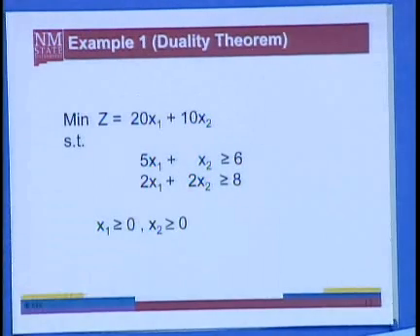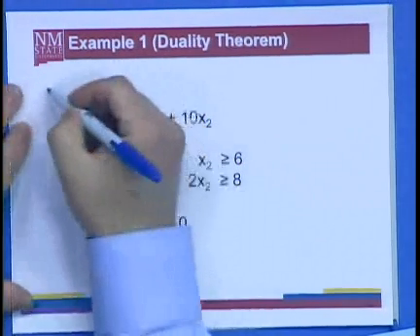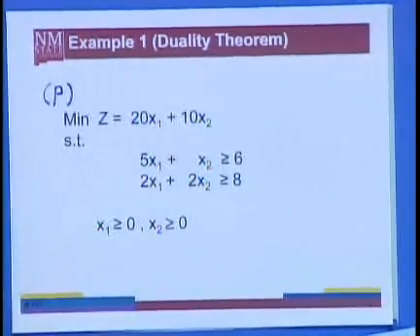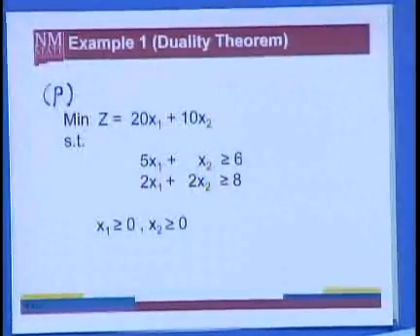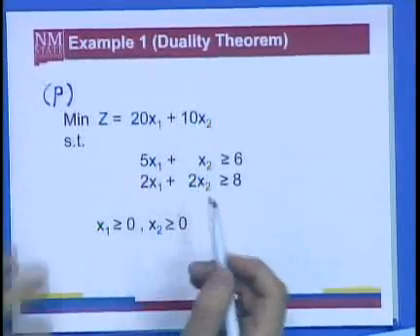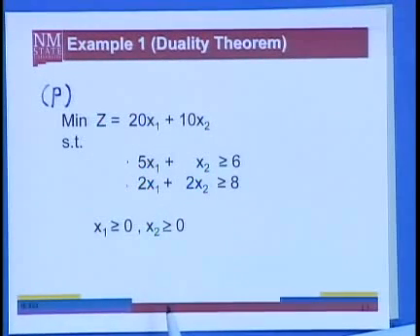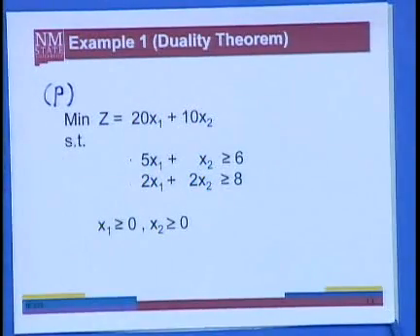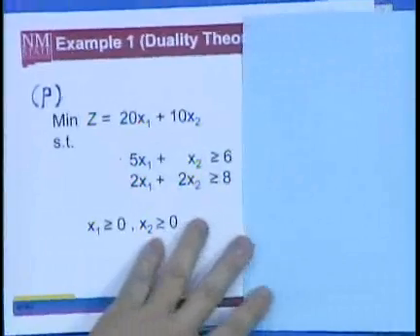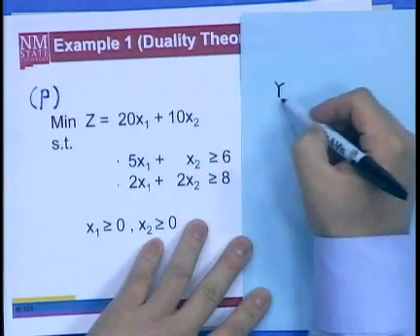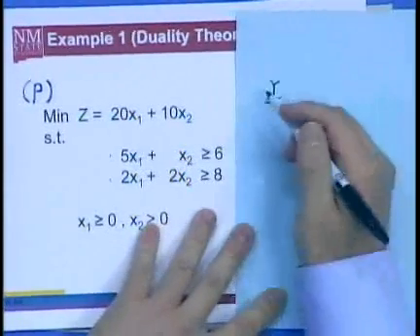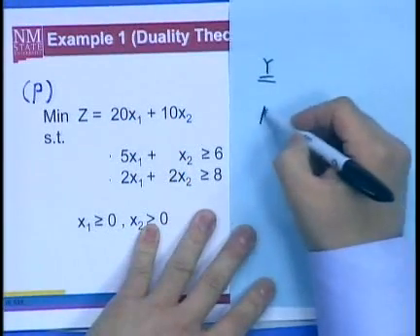Okay, so this is the primal problem. And this primal problem has two constraints, which means the dual problem must have two decision variables. If I say the y variable is the dual variable, then the dual problem must be a maximization problem, of course.